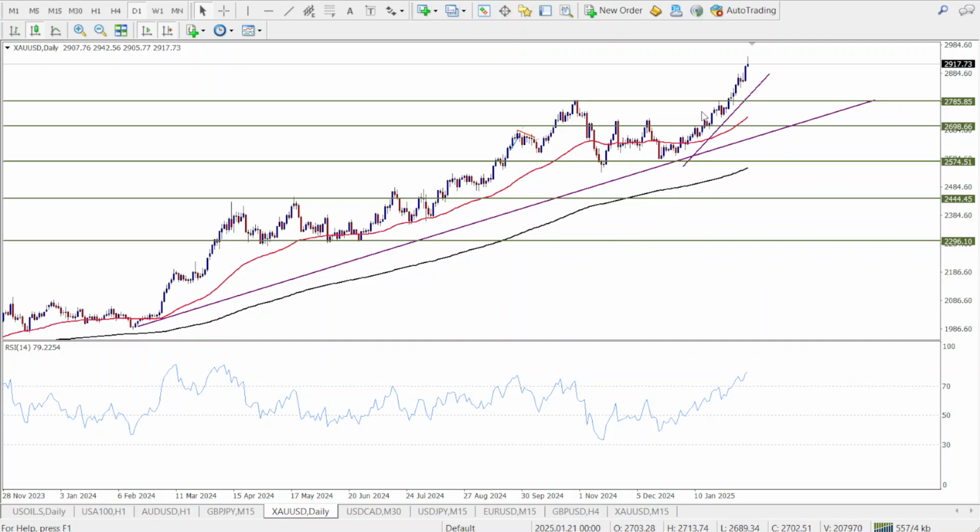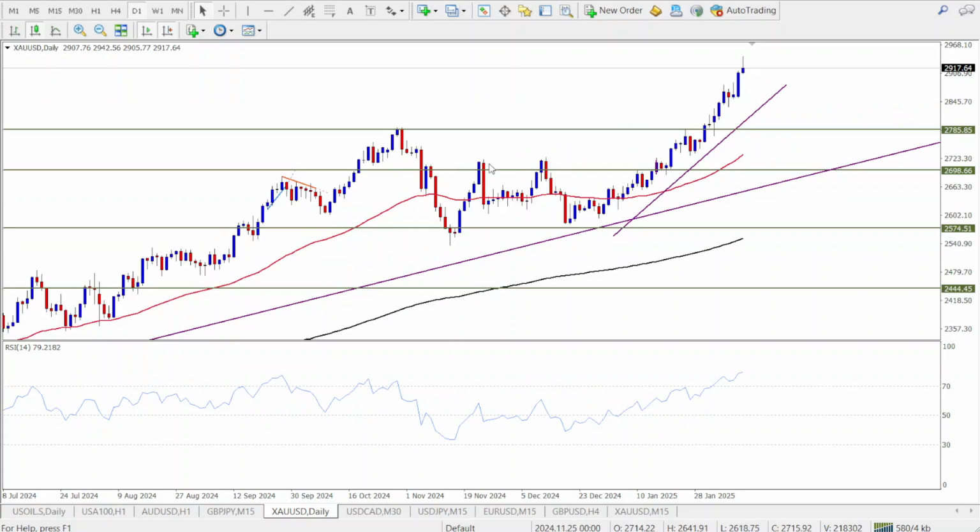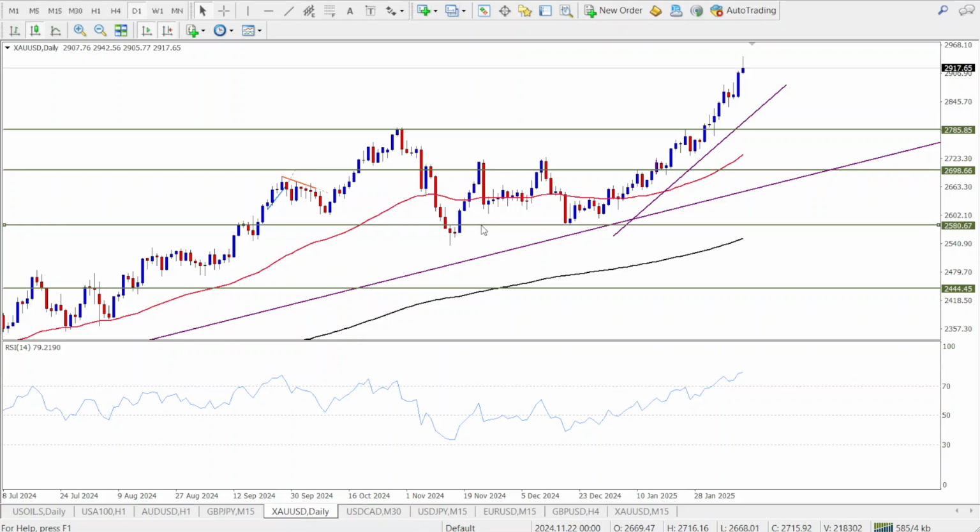Then the next step is to use price action for your entry signals. Daily charts are great for price action trading. So you might want to look for candlestick patterns like pin bars, engulfing candles and inside bars near key levels to confirm potential trade setups. For example, we can see what's happened around here.